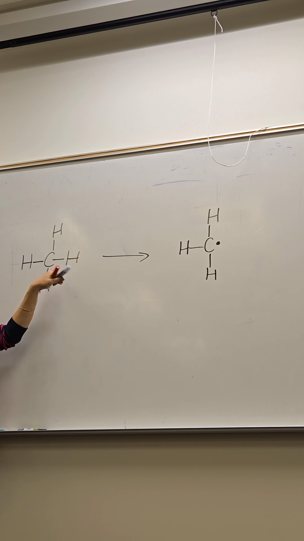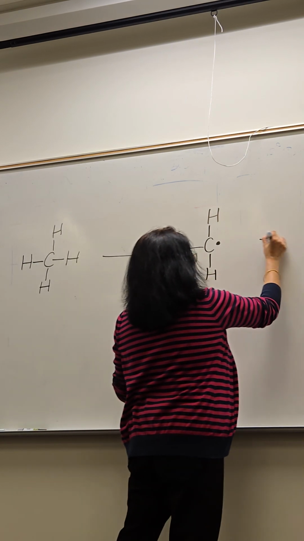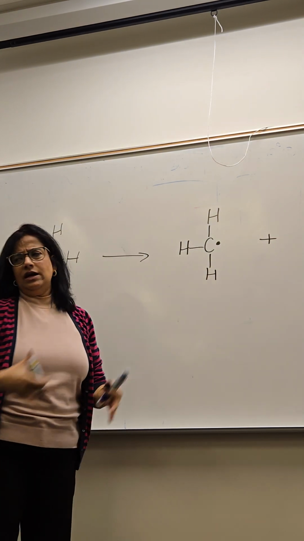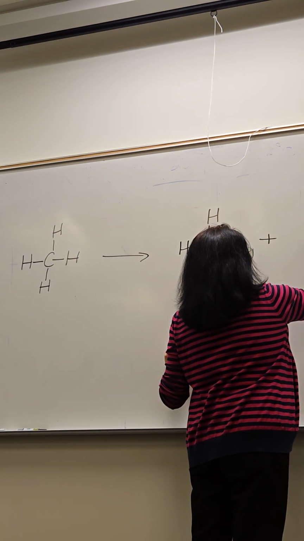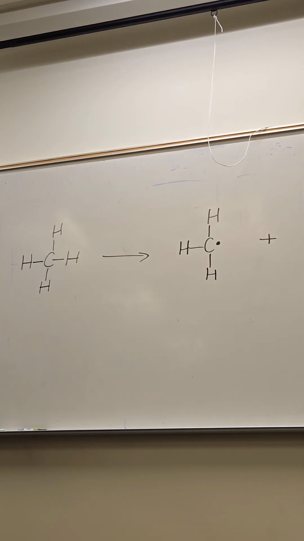By the way, what else should also be produced along with that, just to help us understand? Hydrogen free radical, also aka hydrogen atom, right? Same thing. But my question to you is, before we get into the mechanistic details, in what manner must this bond break to create those two neutral species, free radical species?